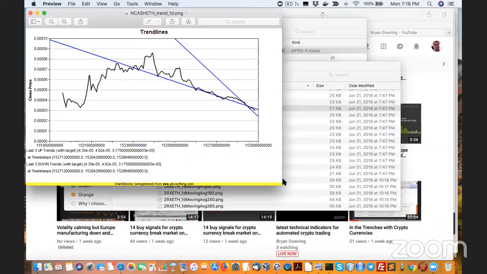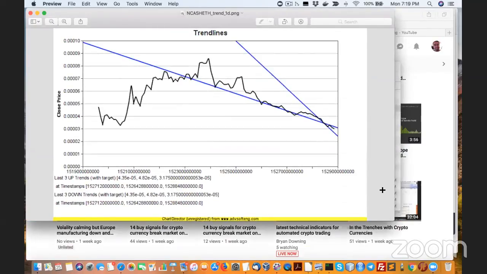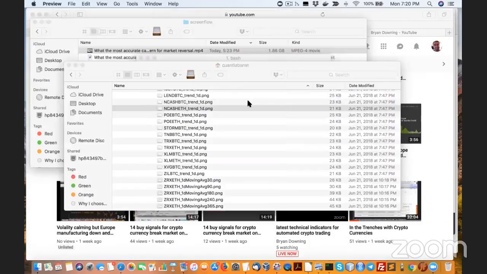So you can see here, the price is going down, but this trend line right here is, if the price does break through, we could use that as a potential entry point, or at least say that could be a new resistance line instead of this one, because the price has broken through the upper trend. And as a result, we can set that as a new resistance, a new support line.